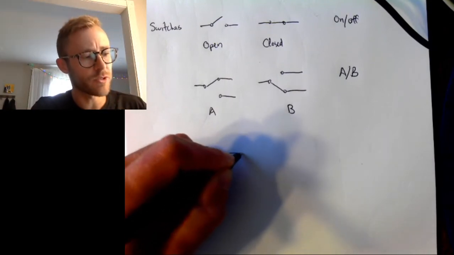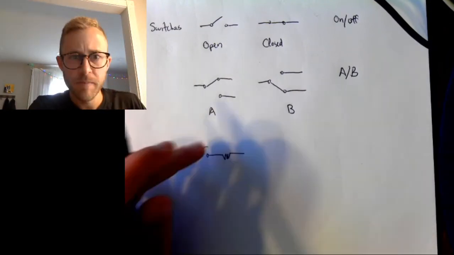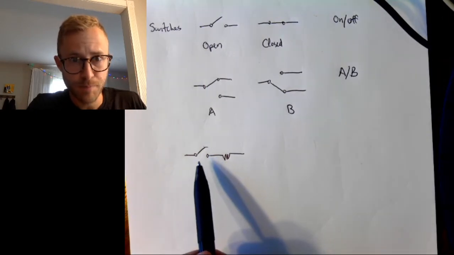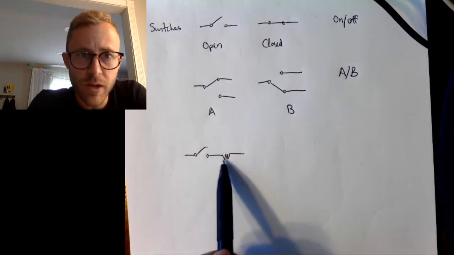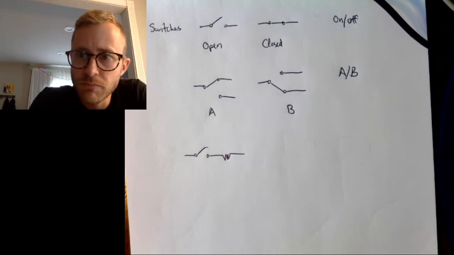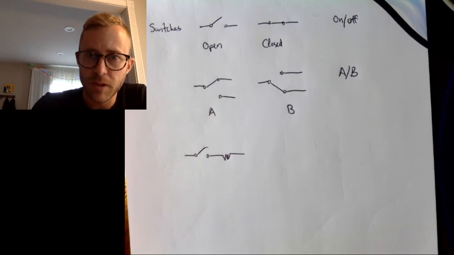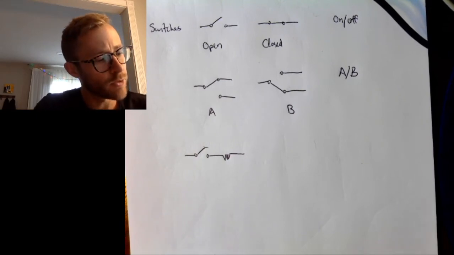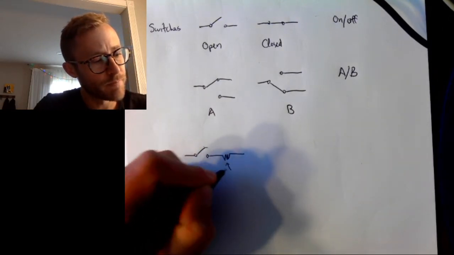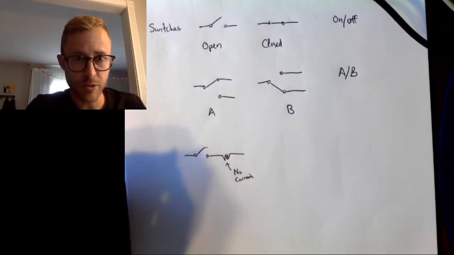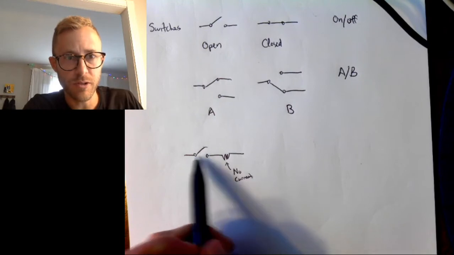So a switch and a resistor in series. If this switch is open, like it is right now, no current can flow through that resistor. Okay, so that resistor is just completely blocked out of the circuit. So this one is going to get no current. Okay, because the switch is open, so no electrons can flow.